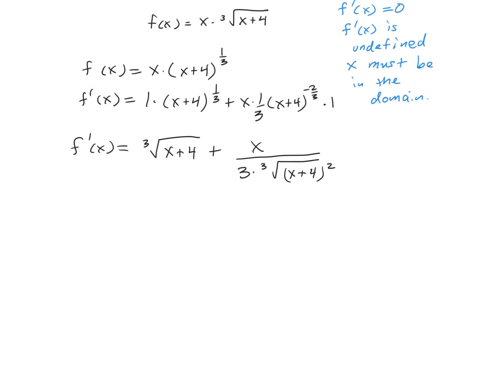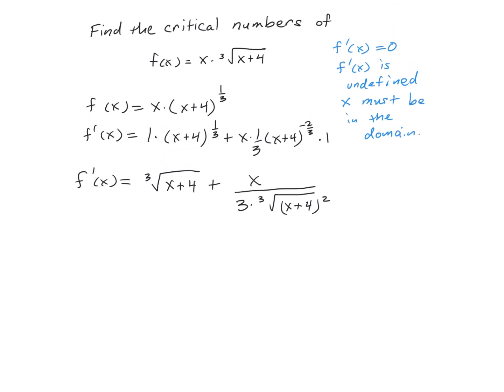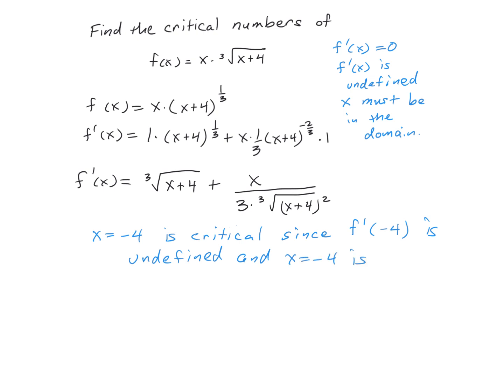So therefore, we know that x equals negative 4 is critical since f prime of negative 4 is undefined and x equals negative 4 is in the domain of our function f of x.